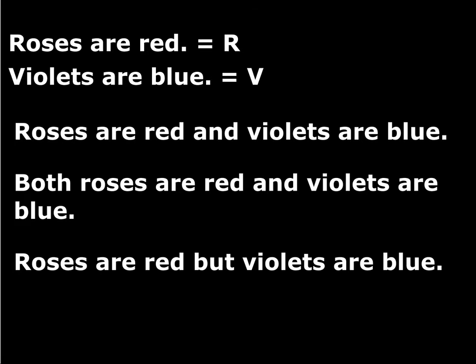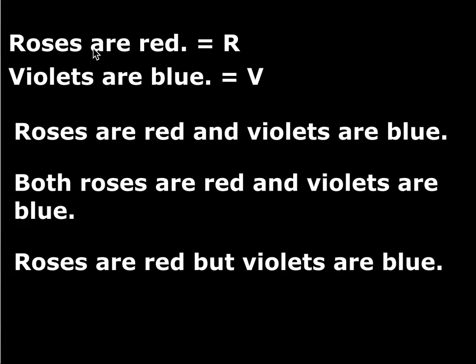Okay. Now, if we assign capital letters to these atomic statements, and we're going to do that, that's always the first step of finding the form of an argument, is finding the atomic statements and assigning a capital letter to each one. And you can assign any capital letter you want as long as they're different letters for different statements. It's usually good to try to find something that's kind of mnemonic for the statement.